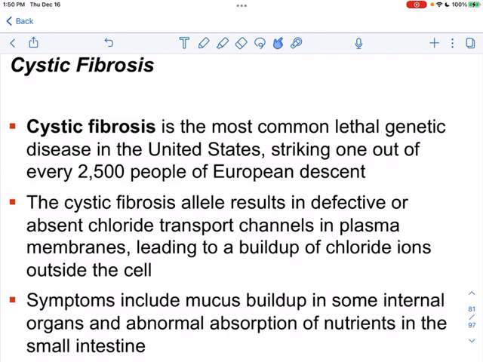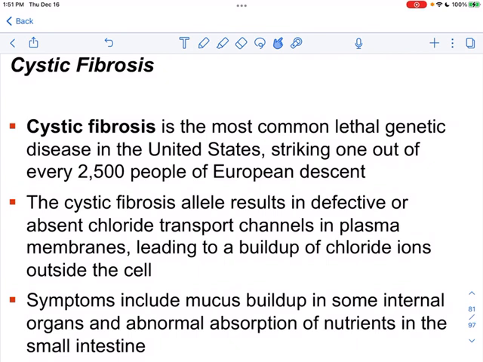One of those is cystic fibrosis. And cystic fibrosis is probably one of the most common lethal genetic diseases in the United States. It is found in about 1 of every 2,500 people of European descent. And the cystic fibrosis allele results, again, in a defective or absent protein.